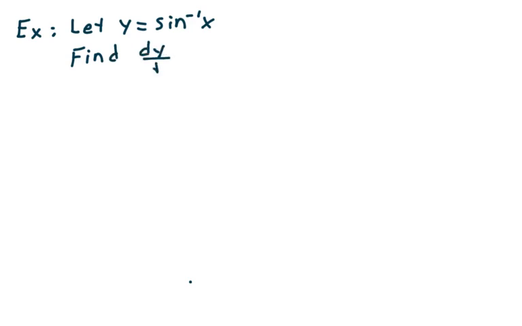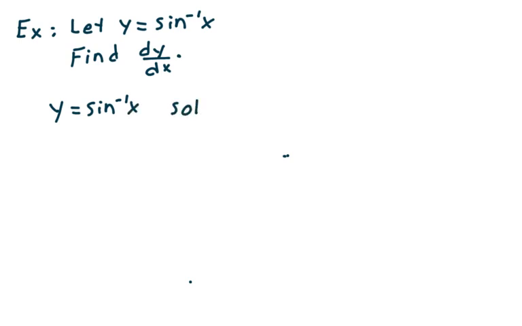So, for example, I'm going to let y equal the arc sine of x. And I want to find dy dx. Okay? So we're going to start with y equals arc sine of x.